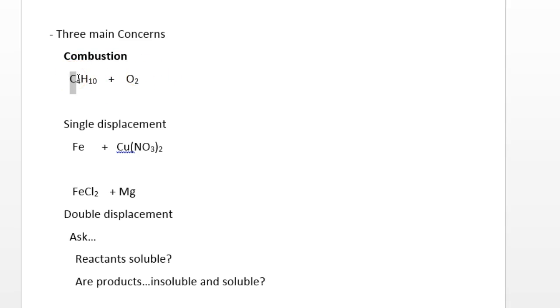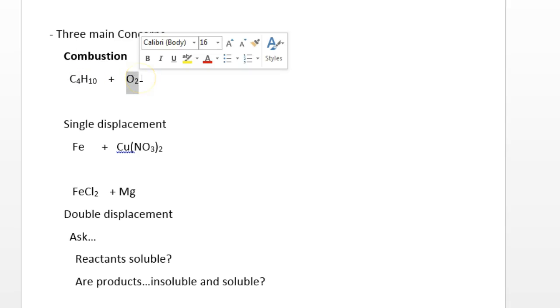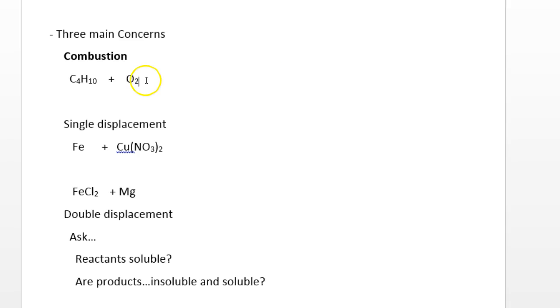A carbon compound, here we have C4, and then is it mixed with oxygen as well, which is like a catalyst that gets the combustion reaction going. So if it is, that tells us it's going to be a combustion reaction. And then we know on the other side it's going to have two things. It's going to have CO2, and then it's also going to have H2O.